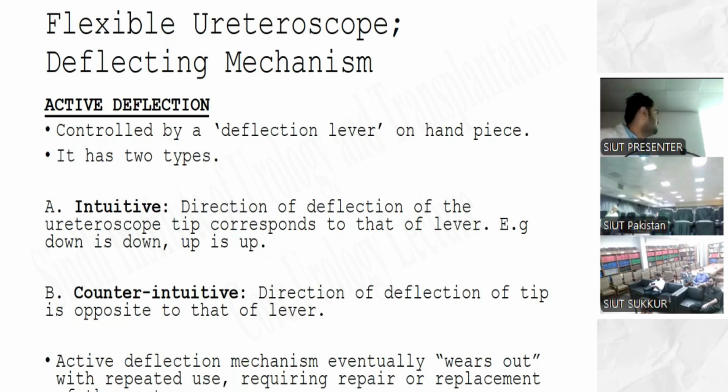Whenever we use the lever while maneuvering this URS, it deflects. For example, if we want to approach the lower calyx and it deflects in the same direction as the lever, that is intuitive, and when it deflects in the direction opposite to the lever, it is counterintuitive.